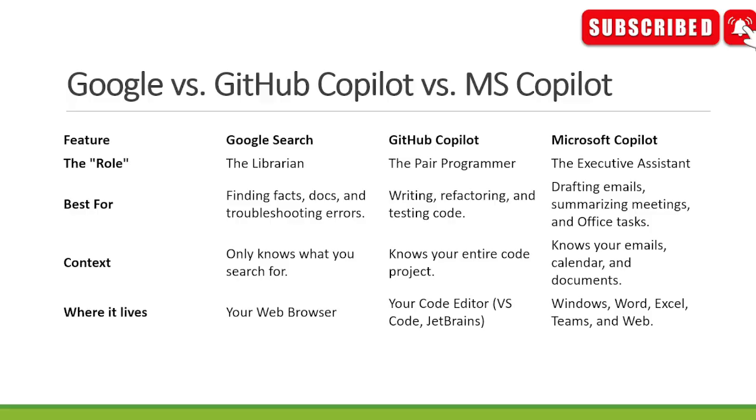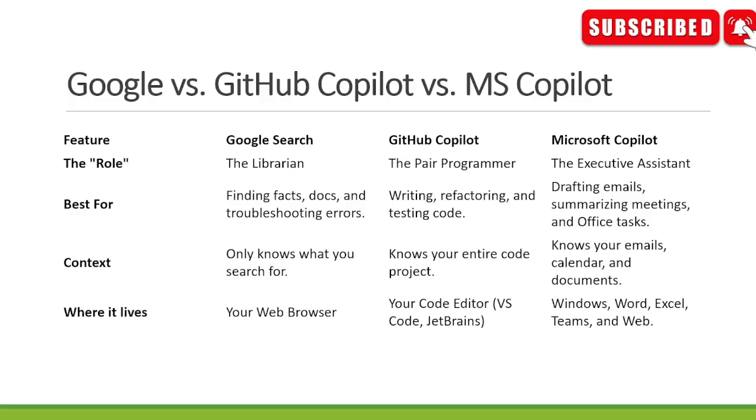As a next step, we will see the difference between Google versus GitHub Copilot versus MS Copilot. Because till now, all of us are familiar with Google. We just go and type in Google, and Google gives us a lot of useful information, and for a decade we have been using Google. But how did these two things, GitHub Copilot and MS Copilot, come up? If I talk about the role, Google is like a librarian where you have a lot of information.